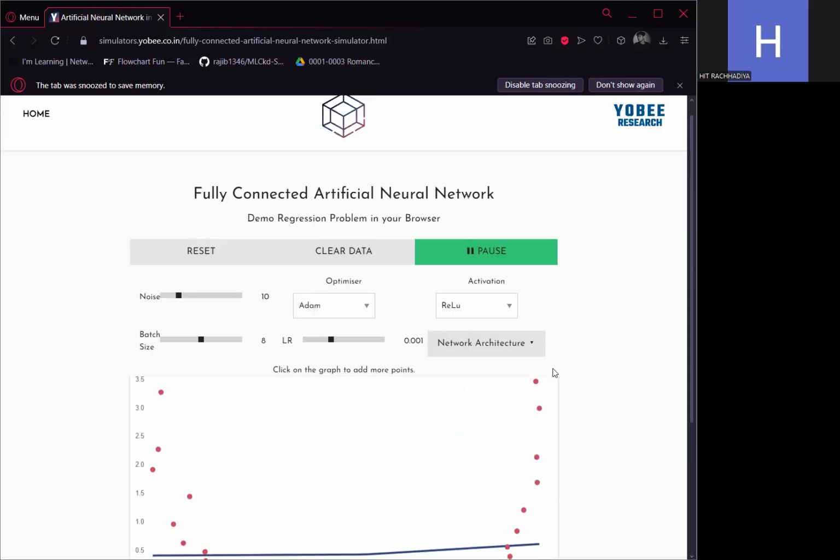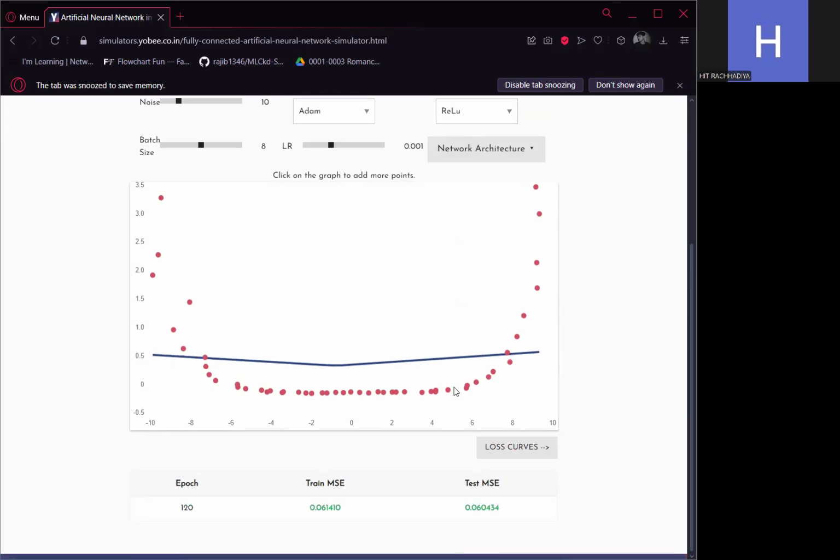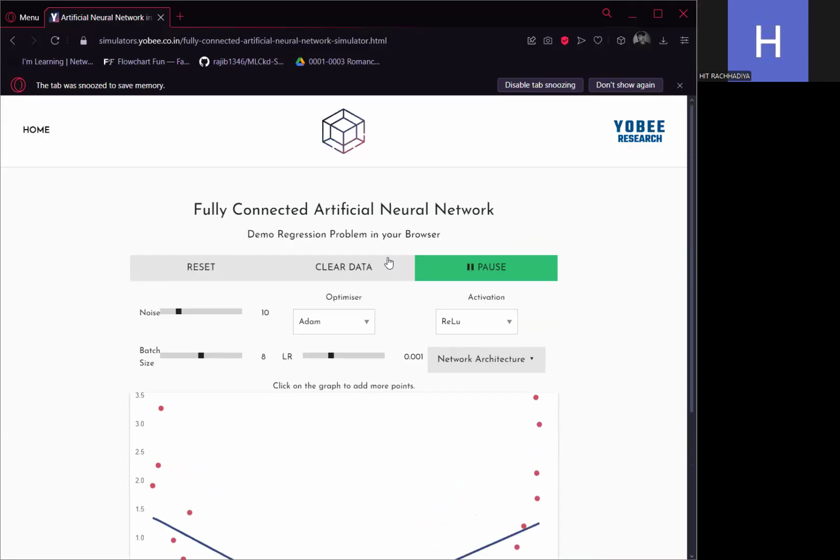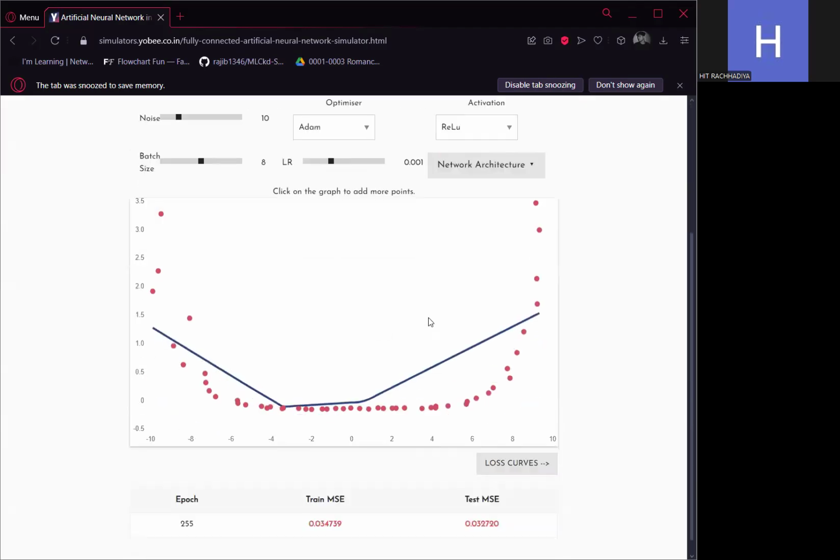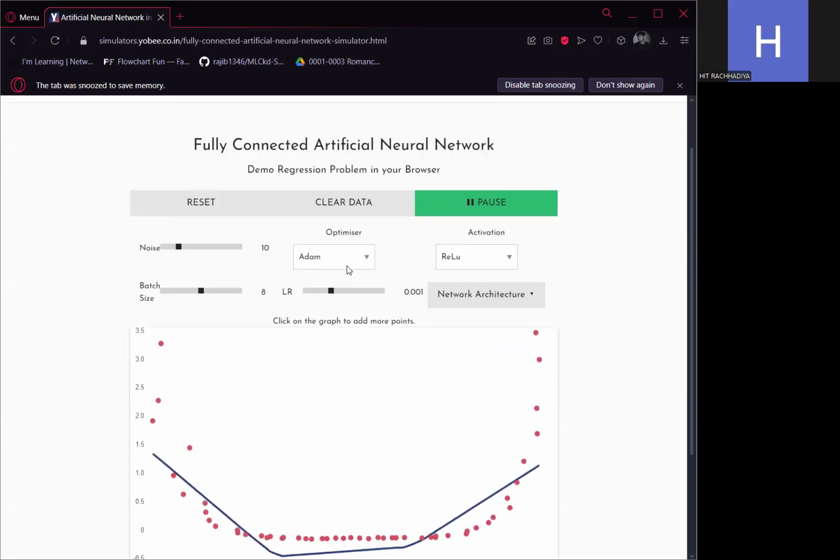I have performed full simulations, and it takes around 600 something epochs. So this will take more time. You can perform the simulations on your devices and check the output for different optimizers and different activation functions.